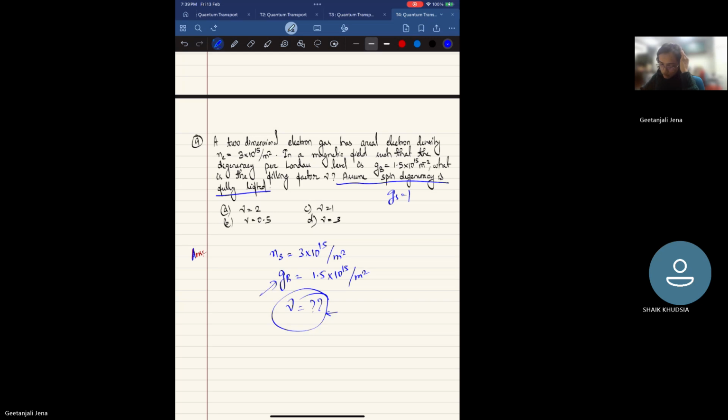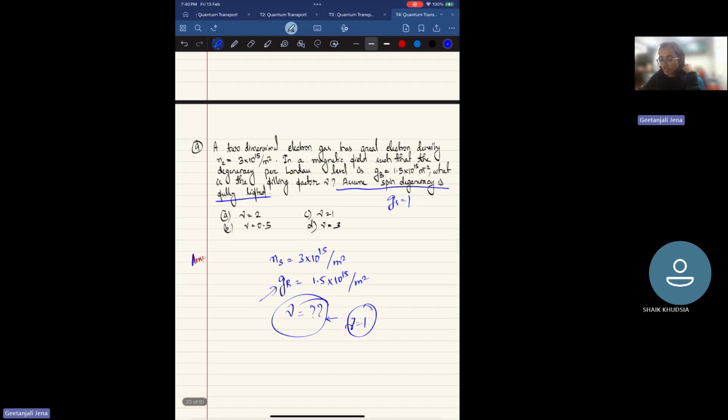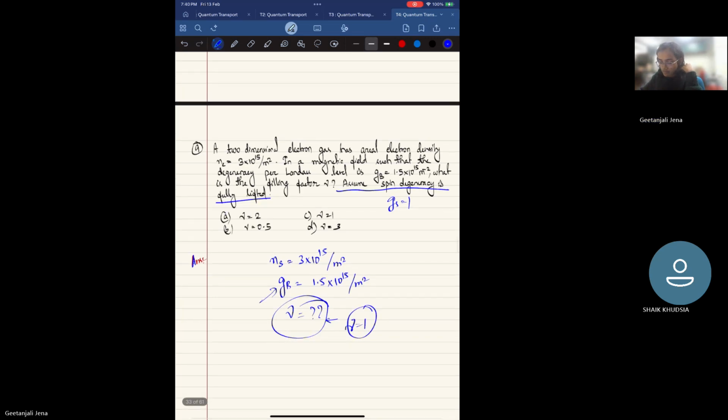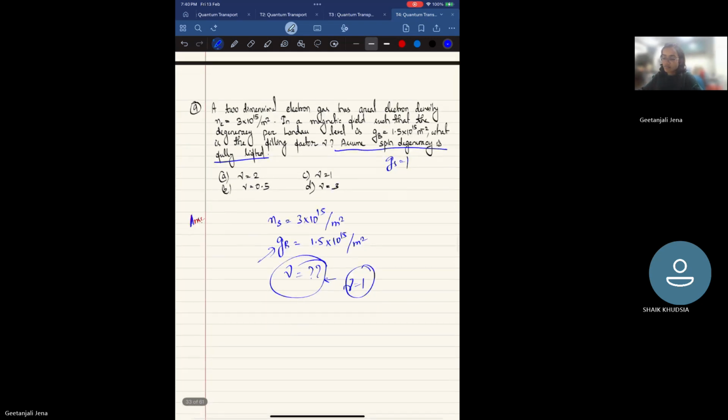So you mean you are getting nu equal to 1, or are you referring to option A? If you are referring to option A, then this is correct. Nu will be 2 because nu is nothing but Ns by GB.